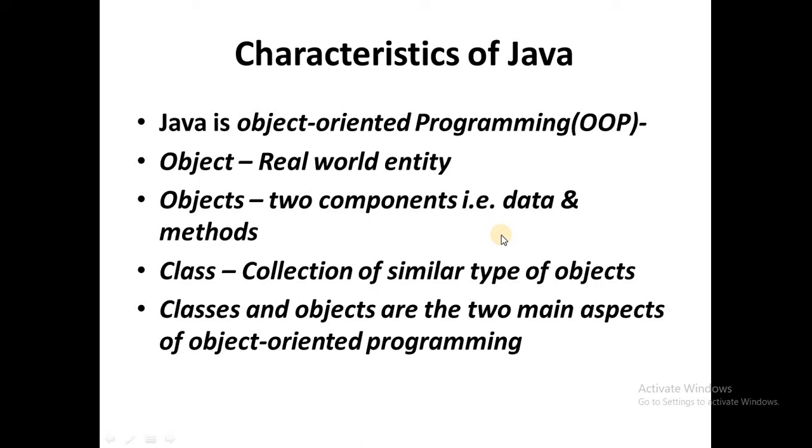So the two pillars of object oriented programming are class and object. As I told earlier, Java is a purely object oriented programming language.